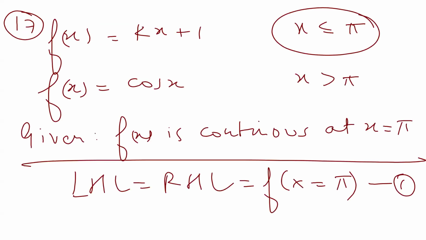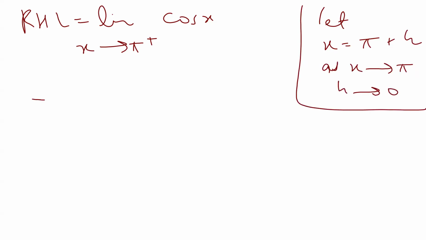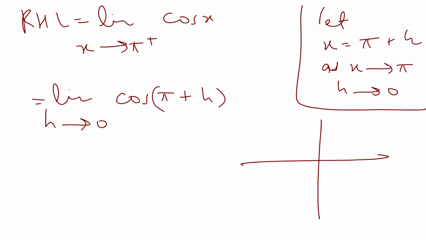RHL. Limit x approaching pi plus. So pi plus is x greater than pi. X greater than pi is this function cos x. Okay. So now see guys, let x is equal to pi plus h. As x approaches pi, h will approach 0. So this will be limit h approaching 0, cos of pi plus h. Now pi is over here.